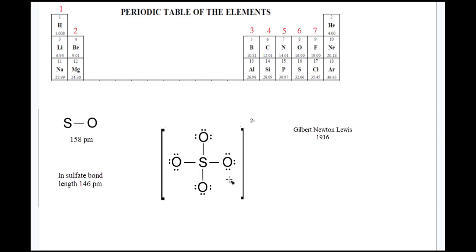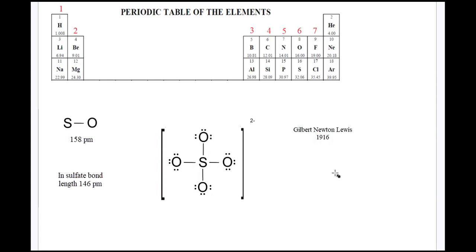But in this polyatomic ion, and this can be measured experimentally, they find that the bond length is a little bit less than that, 146 picometers. So it was speculated that there's got to be some double bonding in here that is bringing these oxygens a little bit closer to the sulfur than you'd expect with these single bonds.